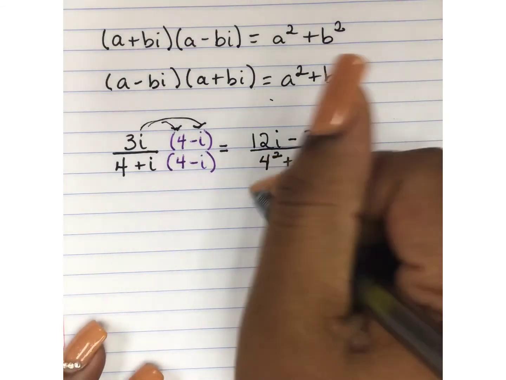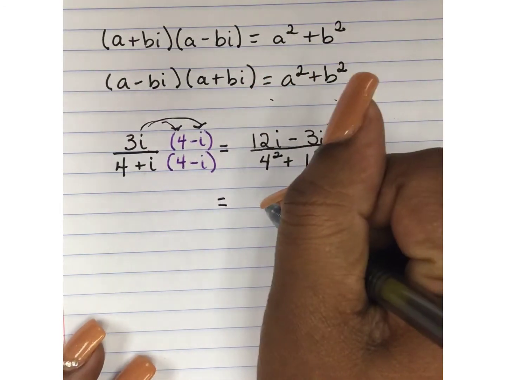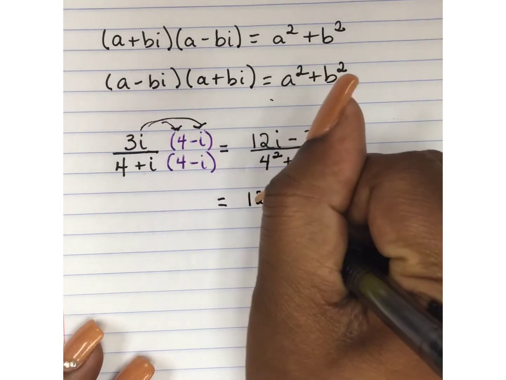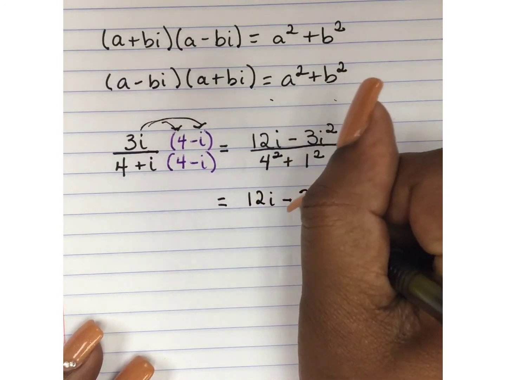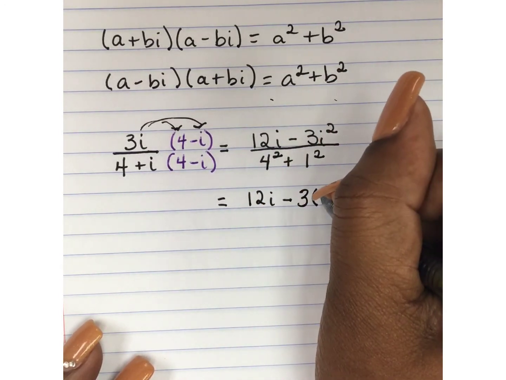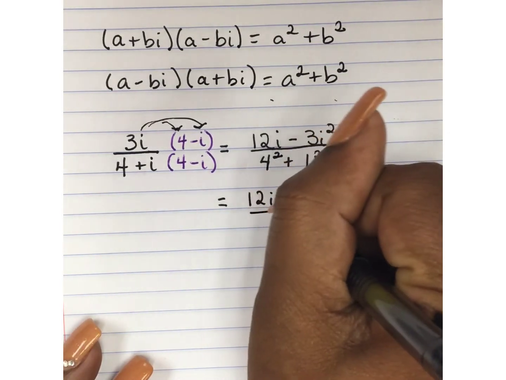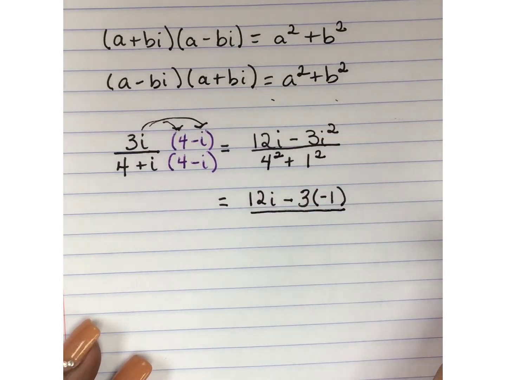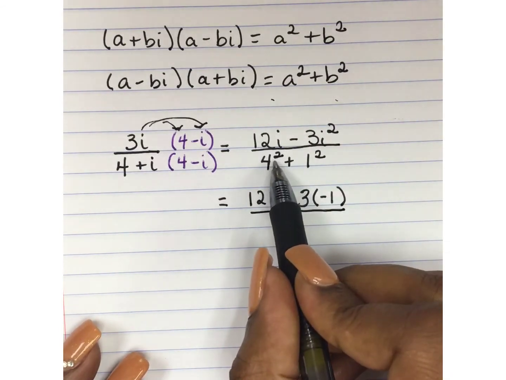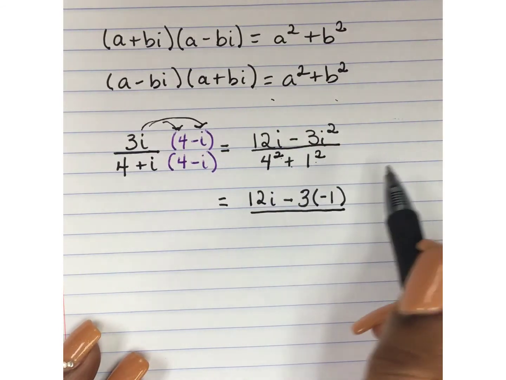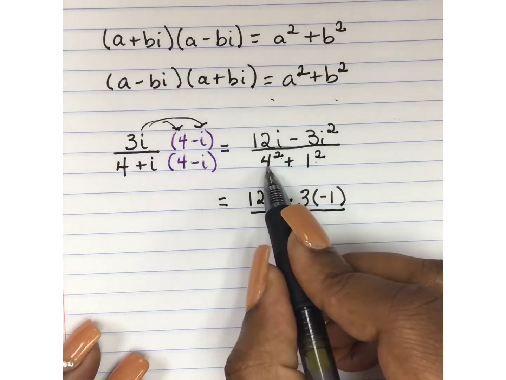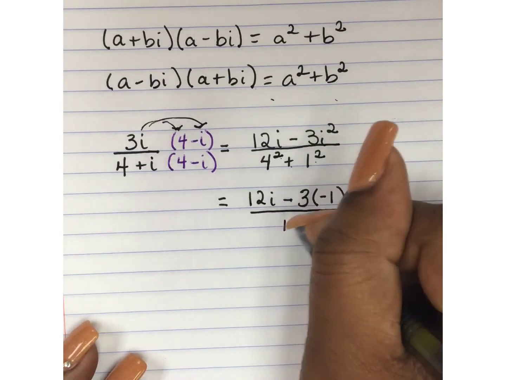Now let's simplify this a little more, and we have 12i, and instead of writing i squared, remember, replace all i squares with -1. And in the denominator, we have 4 squared, which is 16, plus 1 squared, which is 1, and 16 plus 1 is 17.